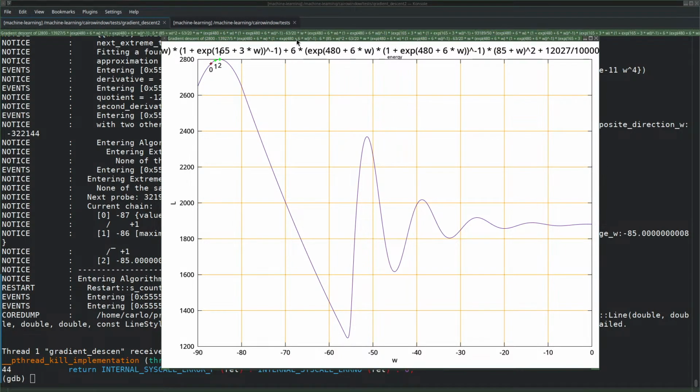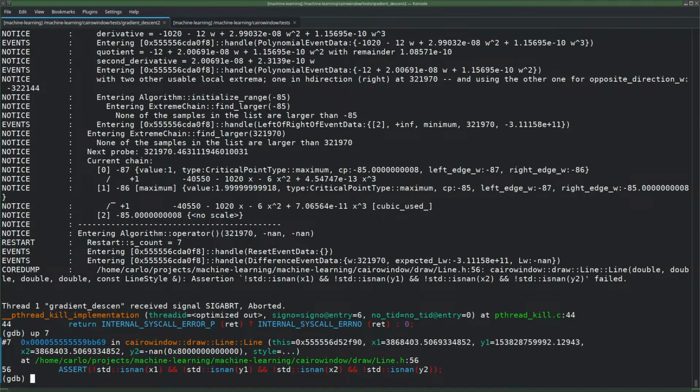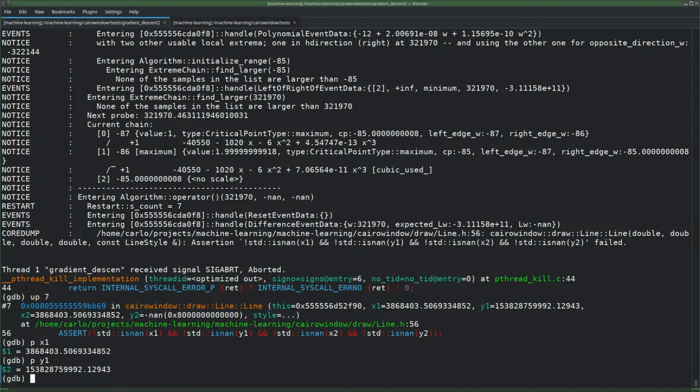What the crash is this? Oh, very big numbers.